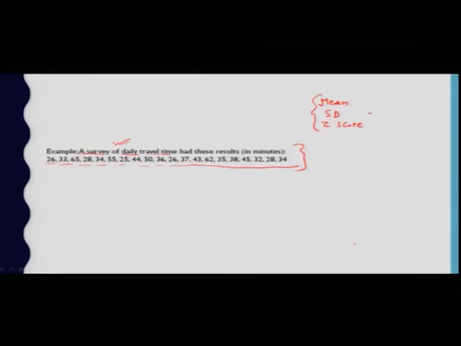So, now first, how will we calculate the mean? The formula for the mean is clear. To calculate the mean, the formula is x bar equals summation of x i upon n, where i is the number of the travel times: 1, 2, 3, 4, 5, 6, 7, 8, 9, 10, 11, 12, 13, 14, 15, 16, 17, 18, 19, 20.